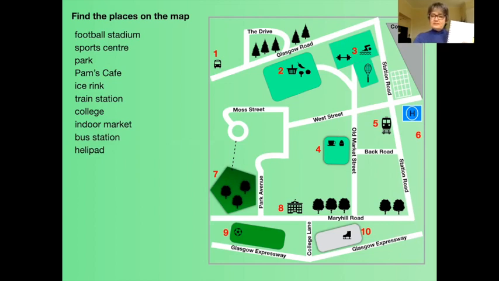So football stadium, if you look at the map carefully, can you see the football stadium? It's on the Glasgow Expressway. Can you see what number it is? It's number 9. So write football stadium and then number 9.